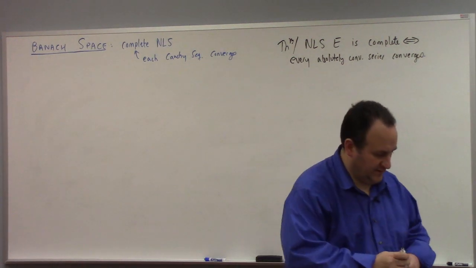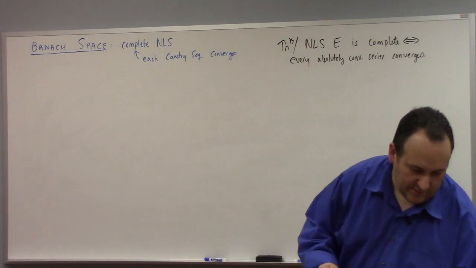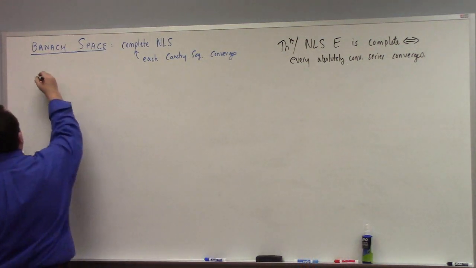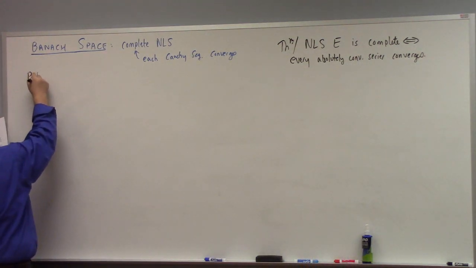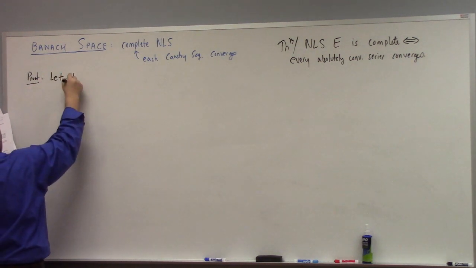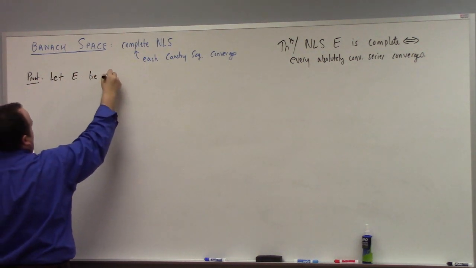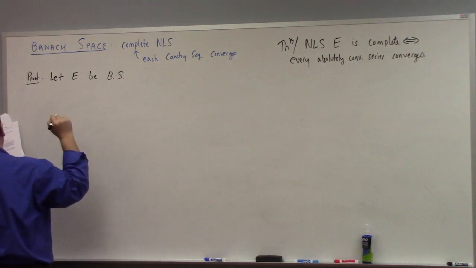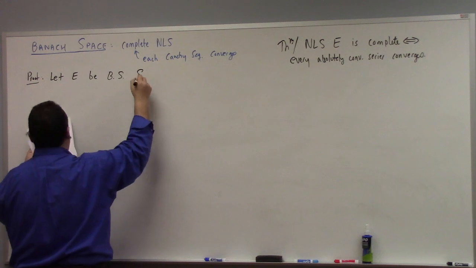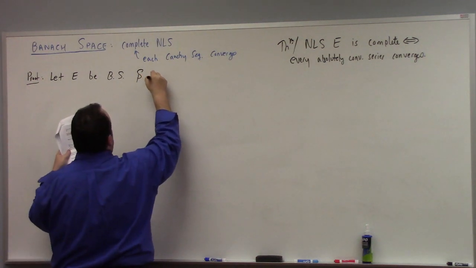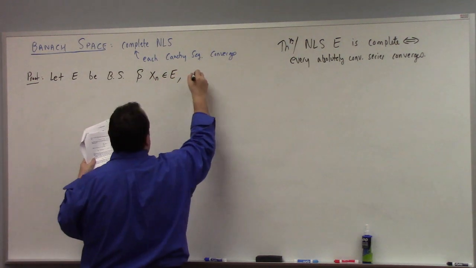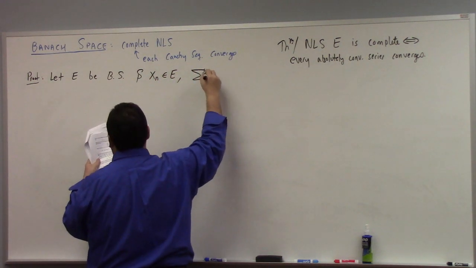All right, so let's attack this proof, see if we can make sense of it. He says, let E be a Banach space, and suppose x_n is an element of E, and it's absolutely convergent.